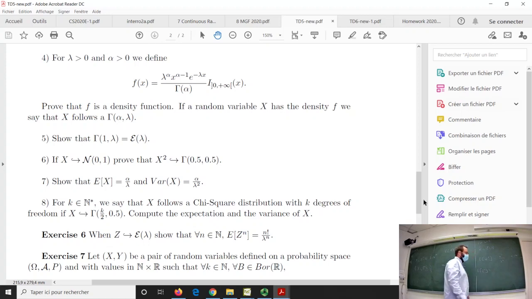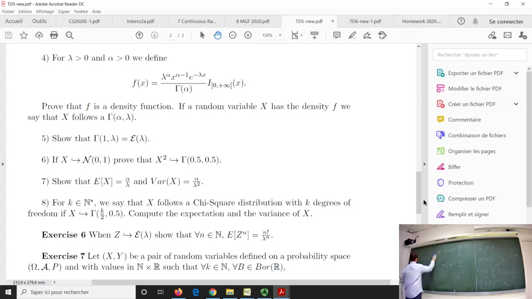It is just the integral, so I write it this way like last time, where f_Z is the density of my exponential of parameter lambda, so I obtain the integral between 0 and plus infinity of lambda z to the power n exponential minus lambda z dz.